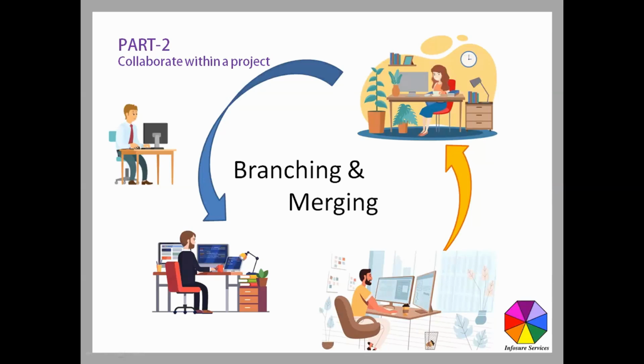So each of these developers can work in their own branch, and they can merge to the master, or the main branch. Okay, so branching is like a tree. There is a main branch, and then there are your own branches like development branch and bug fix branch.